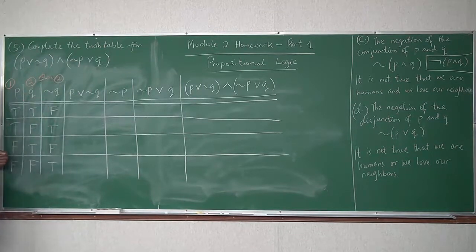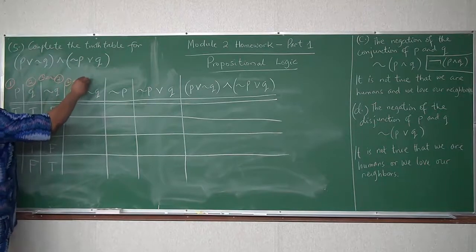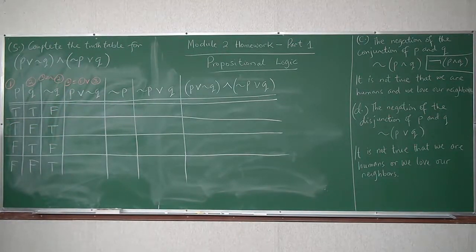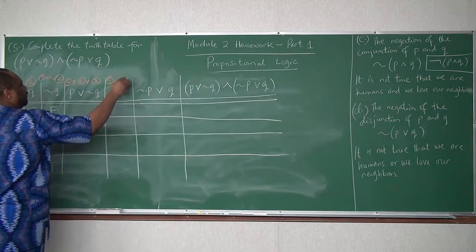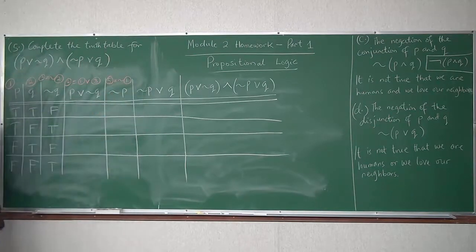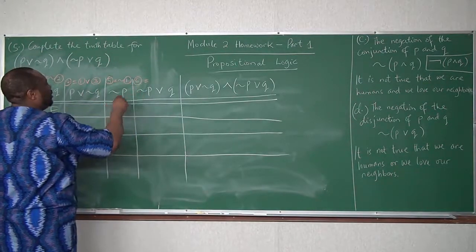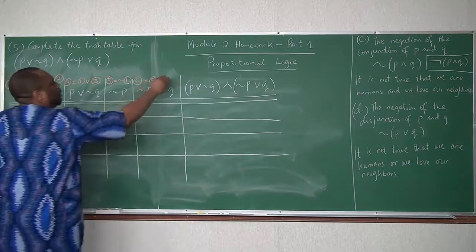Some people like numbering it so that it can be orderly. Column 4 is column 1 or column 3. Column 5 is the negation of column 1. Column 6 is column 5 or column 2.